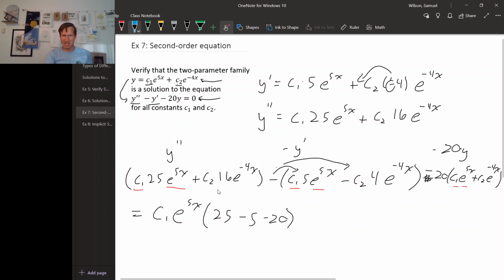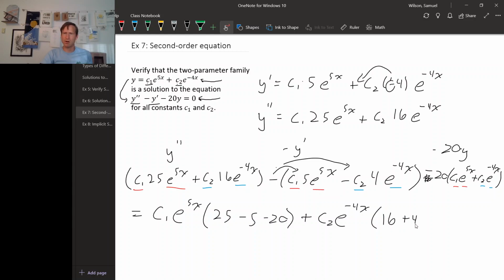Now let's add up the e to the minus 4x terms. They all have a c2. So let's factor out c2 e to the minus 4x. And we have a plus 16, a plus 4, right?